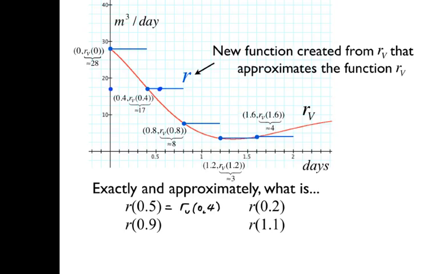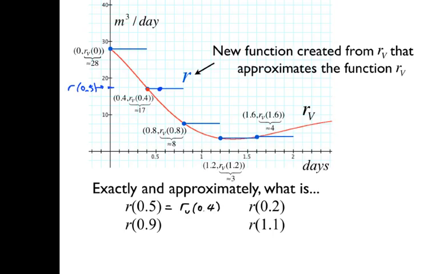It's over here, right? And where did this y value come from? R sub V, the red graph, of 0.4. R of 0.5 is R sub V of 0.4.